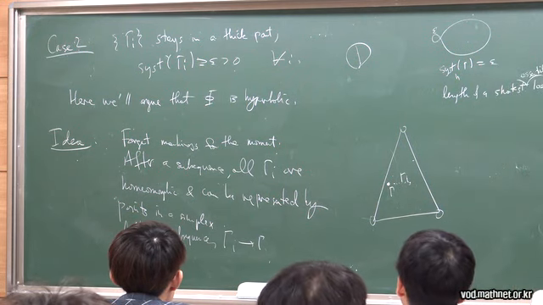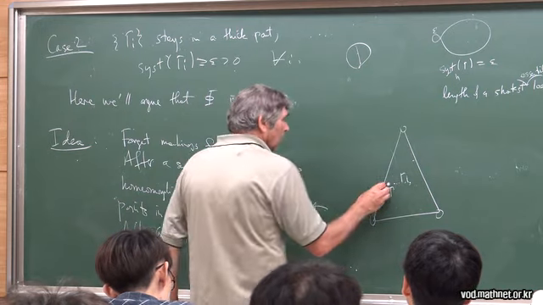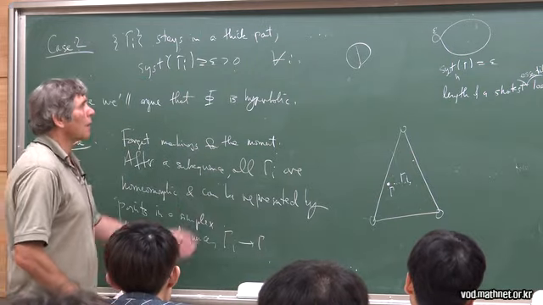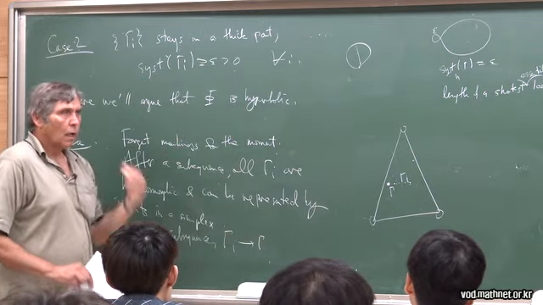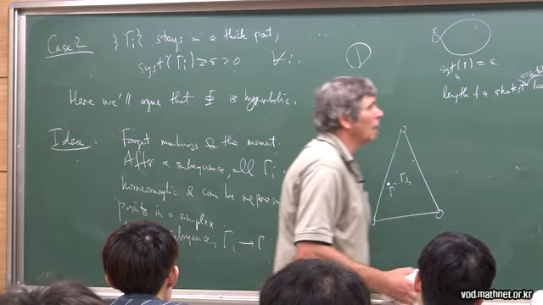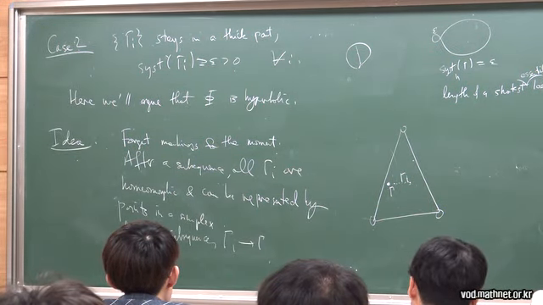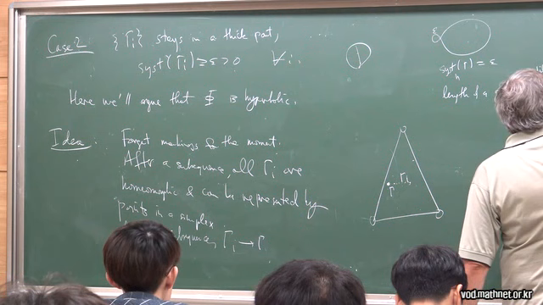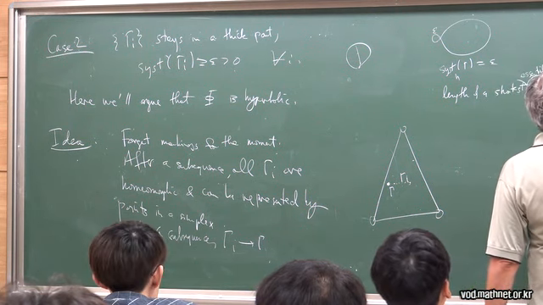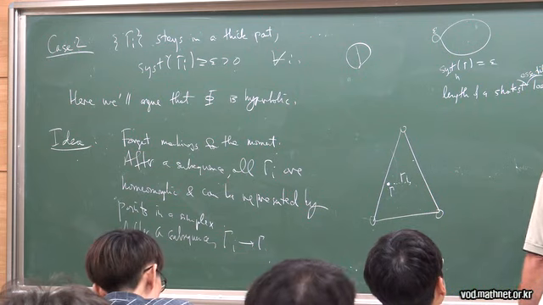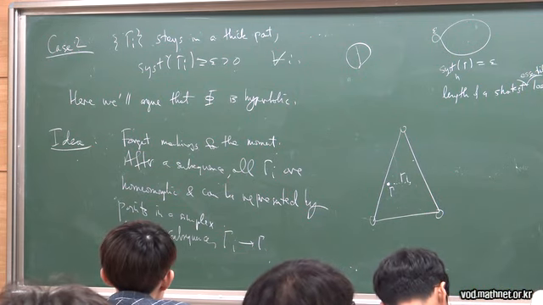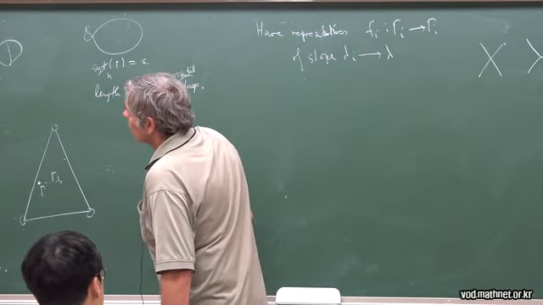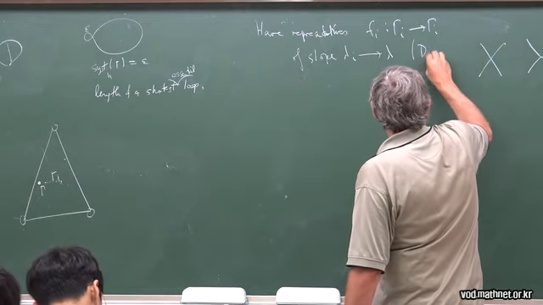But it could be that gamma is on a proper face, right? That's a slight complication. The gamma could have a different homeomorphism type, because some edge could collapse, like the theta can collapse to a rose. Okay, so we have these representatives f_i from gamma i to gamma i of slope lambda i converging to lambda, so d phi is log lambda.